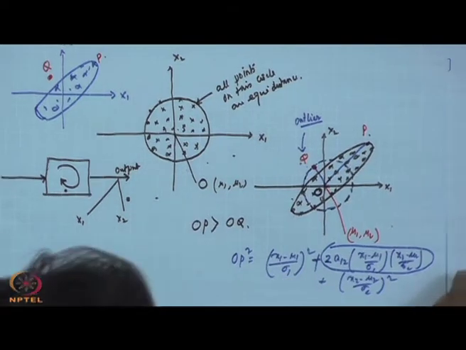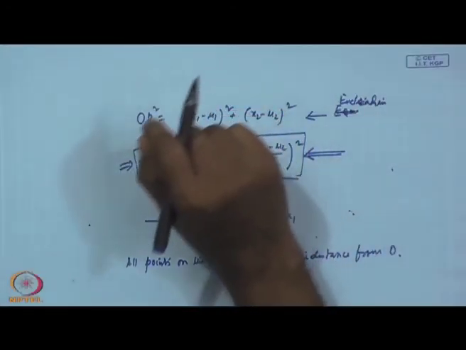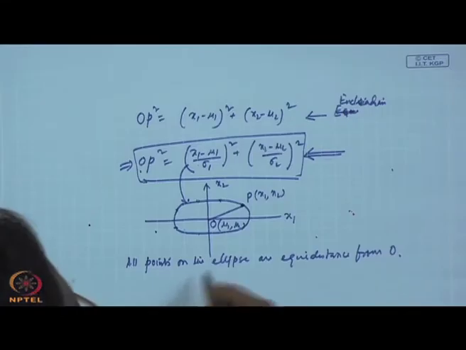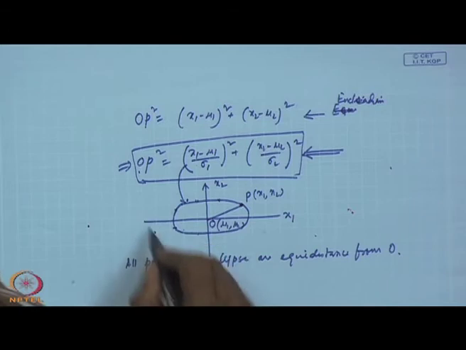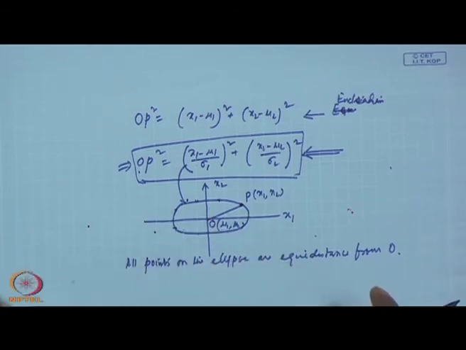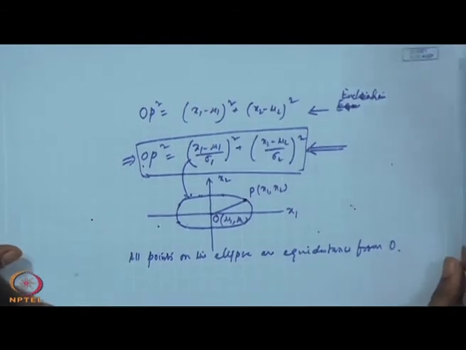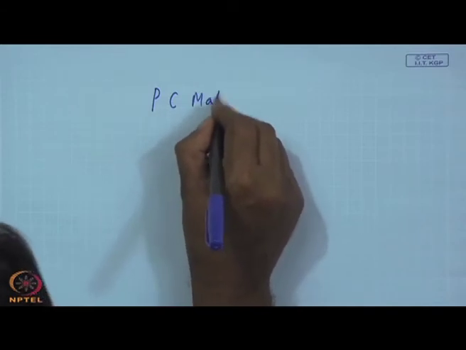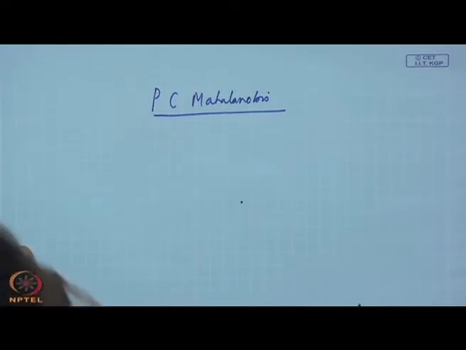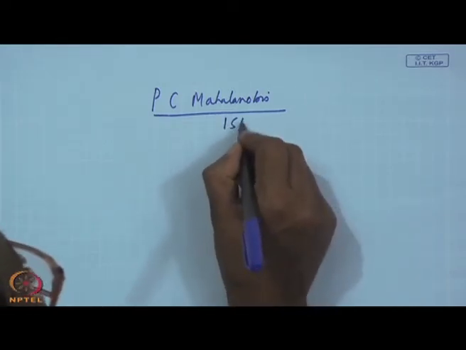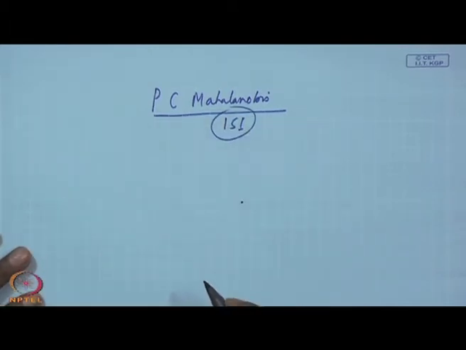This is what is statistical distance, this elliptical distance. In essence, one of the pioneers in developing this is P.C. Mahalanobis, an Indian scientist, founder of ISI, the Indian Statistical Institute.